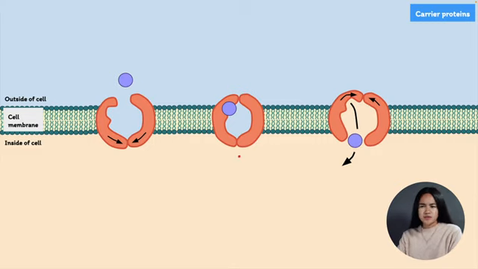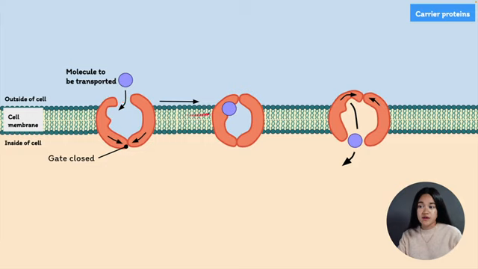Specifically, when a solute molecule needs to be transported across the membrane, it binds to the carrier protein, causing a conformational change. So here we have the molecule that needs to be transported, and the gate to the inside of the cell is closed, but open to the outside of the cell. And this is going to flip, okay?